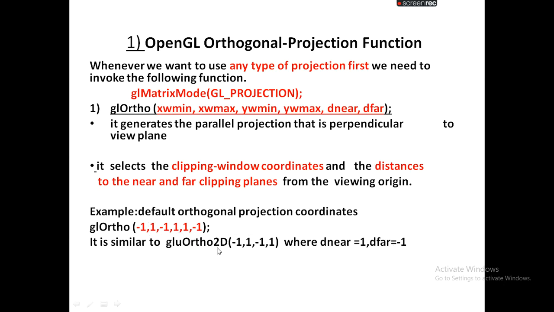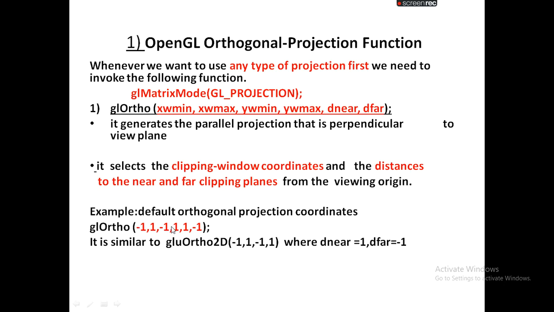But please remember, even though GL ortho is 3D, when you are displaying an image on the screen, you are displaying it on a two-dimensional display device only. So GL ortho is almost the same as GLU ortho 2D with respect to these coordinates.